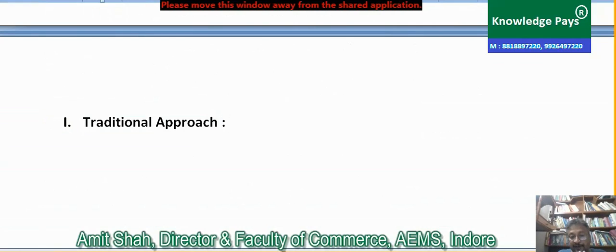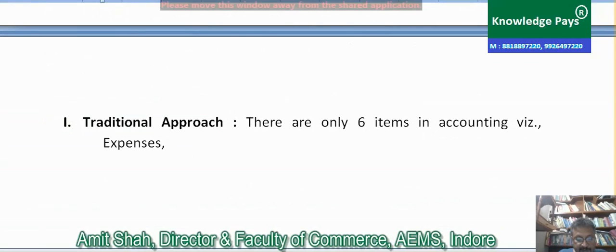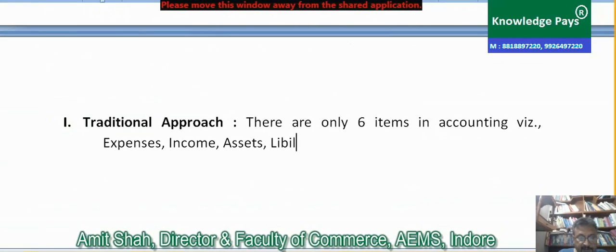Now in accounts we have total 6 items. There are only 6 items in accounting, viz. expenses, income, assets, liabilities.